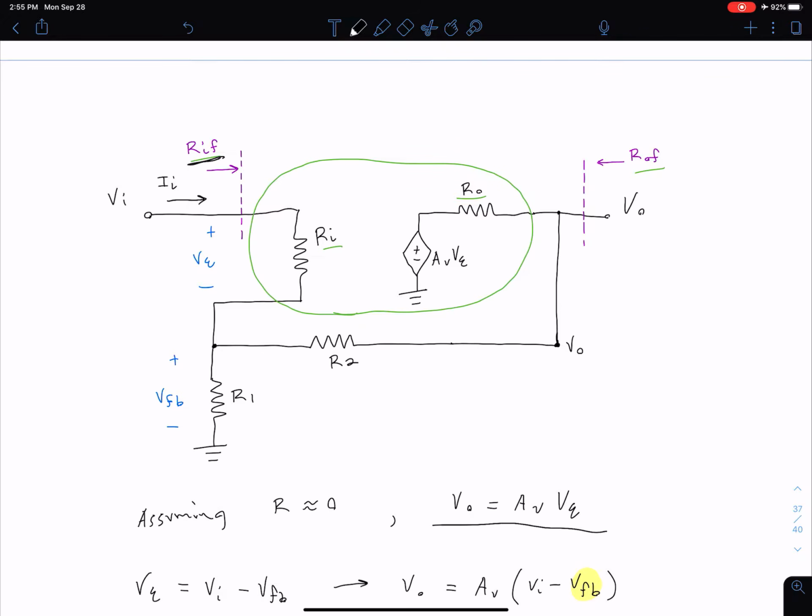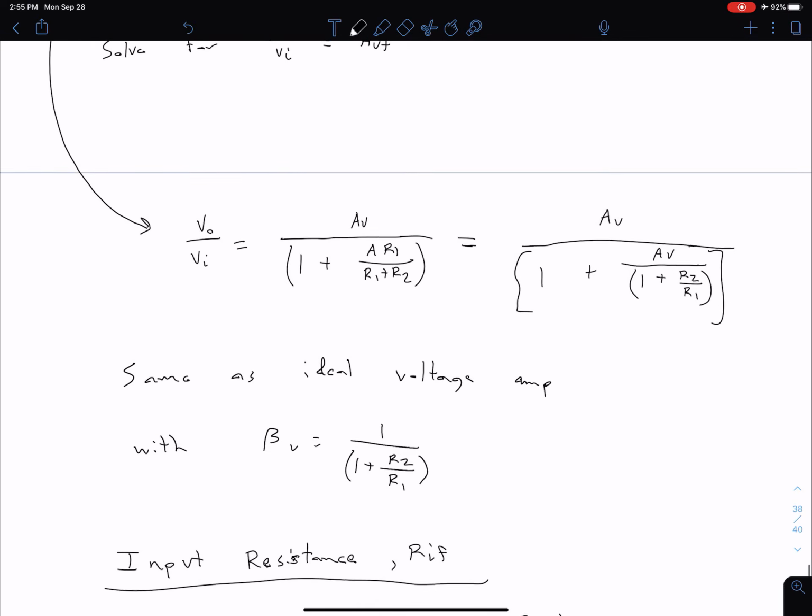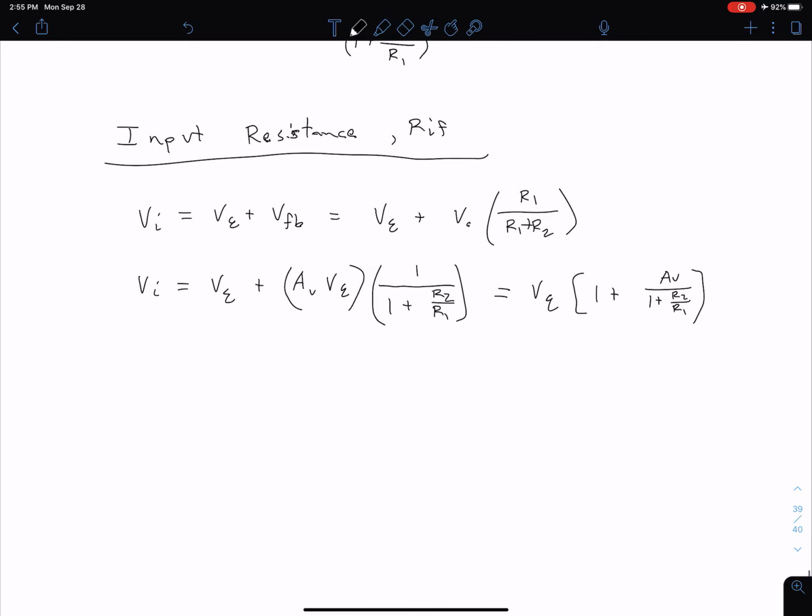Well, if we want to find this input current I sub I, we notice that that's the same current that's flowing here. And so if we know this R sub I value, as well as this epsilon voltage, then we can find I sub I, and then it's just a matter of relating it to our V sub I to get that R sub IF. So let's come down here and put that into equations, because I know that's kind of hard to follow as I'm saying all that.